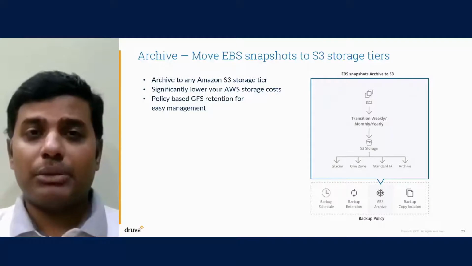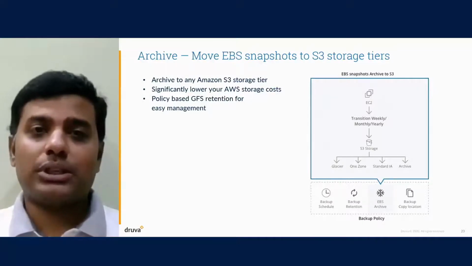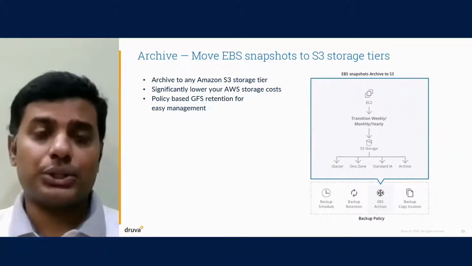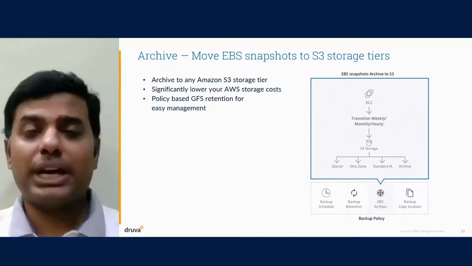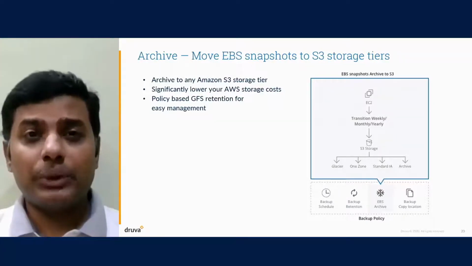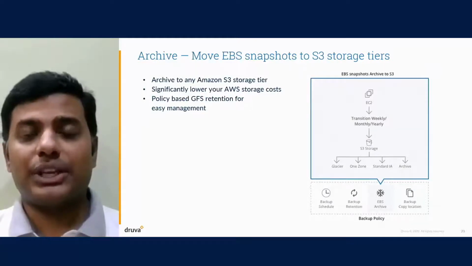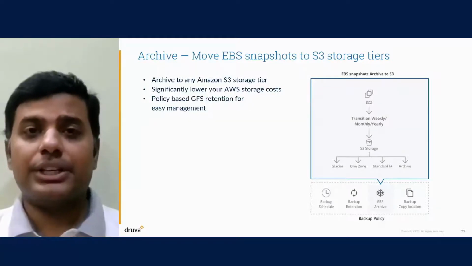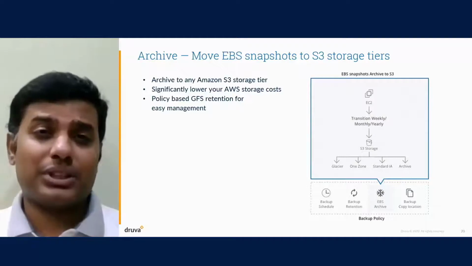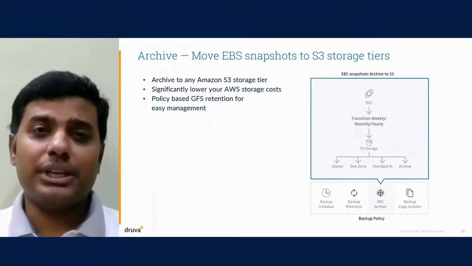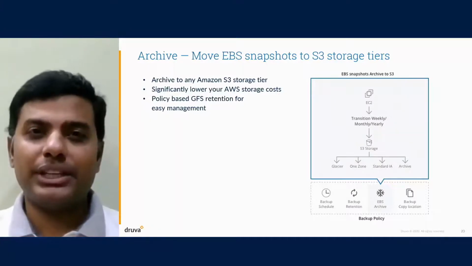So we have launched a capability to take an EBS snapshot as a part of the Cloud Ranger capabilities and effectively move that into an S3 bucket in your account, into any of the S3 storage classes that you have available. So think of it, an EBS snapshot that's probably about 5 cents a GB. You can take that snapshot, you need to retain that maybe for 7 years or 10 years.